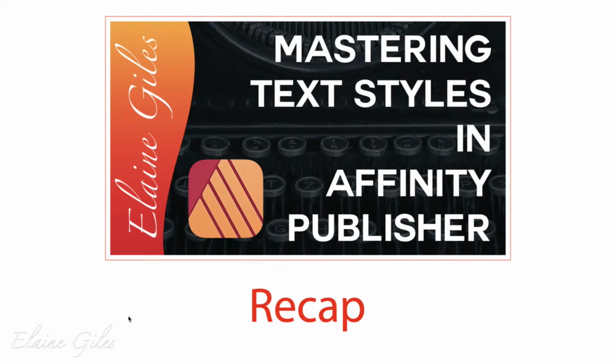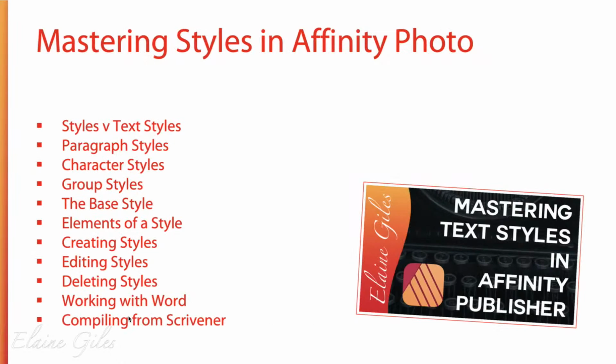Right, so let's head out to our wrap-up, our recap. What did we do? Right, we discussed the fact that styles are not text styles, not the same thing entirely. They are object styles, where you make objects look fabulous, but that's not bold, italic and underline. Then we have paragraph styles, character styles, group styles. Those are the type of styles that you have in Affinity Publisher, despite the fact the slide says photo.